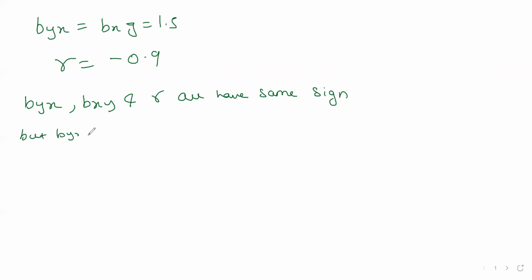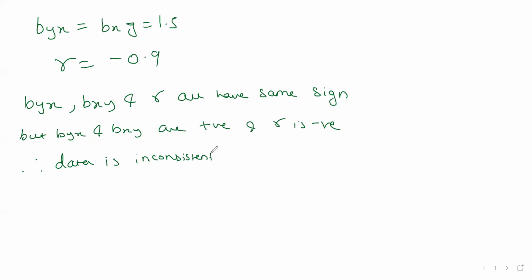But byx and bxy are positive and r is negative, and therefore data is inconsistent.